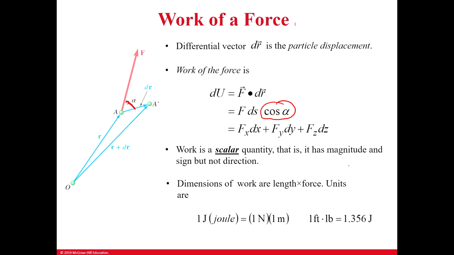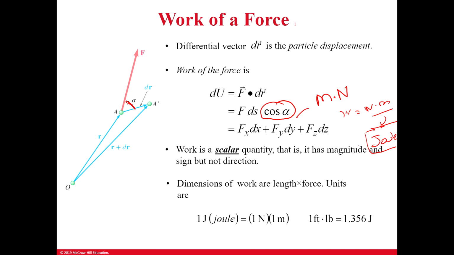So the dimensions of work are length times force. Length is going to be in meters, for example, in SI units, and force is going to be in newtons. Therefore, work has units of newton meter, and the name for that is a joule. Joule is from the last name of a physicist.